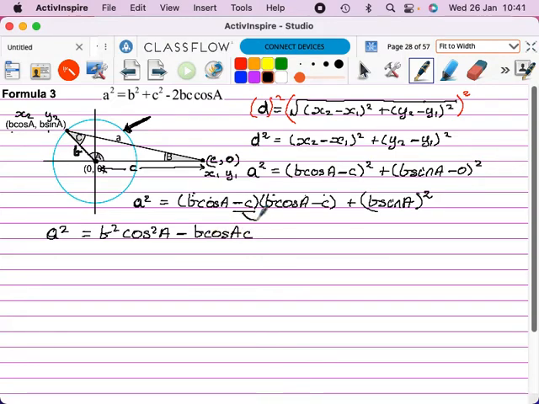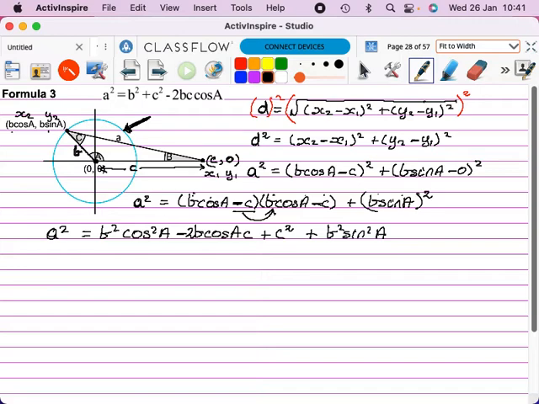And then we've got minus c on b cos A again, so that means we have two of them. And then a minus on a minus is a plus, c on c is c squared. Plus, well, we've got b sin A all squared, which means the b is squared and the sine is squared, so it's b squared sin squared A.